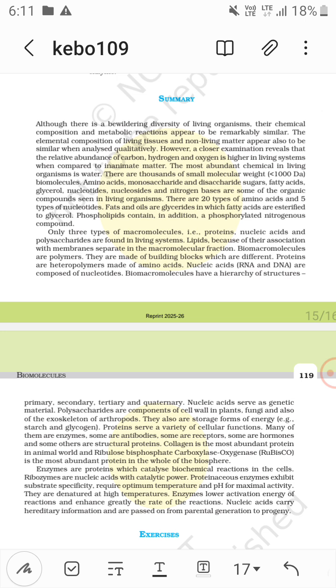Amino acids, monosaccharides, disaccharide sugars, fatty acids, glycerol, nucleosides and nitrogen bases are some of the organic compounds seen in living organisms.